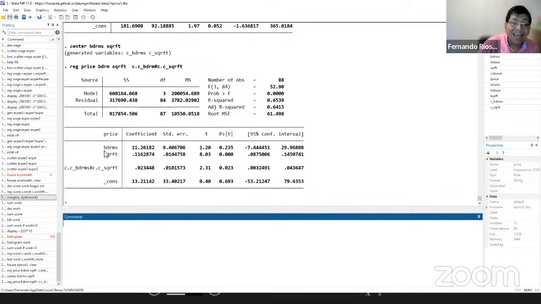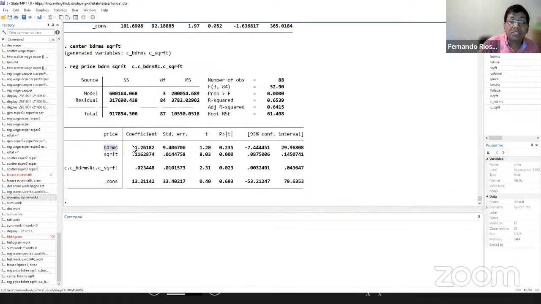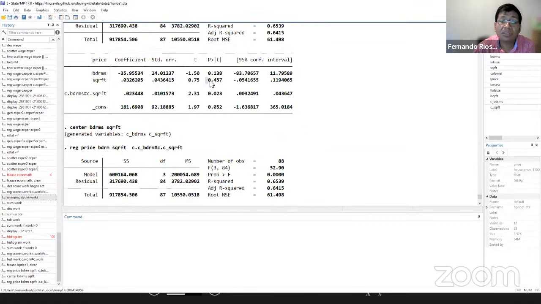On the one hand, an additional bedroom in the house increases the price of the house by about $11,000. Even though this effect is not statistically significant, for the average house, an additional square foot of the house footage increases the price by approximately $116, which is statistically significant and was not originally seen as such in the previous model.